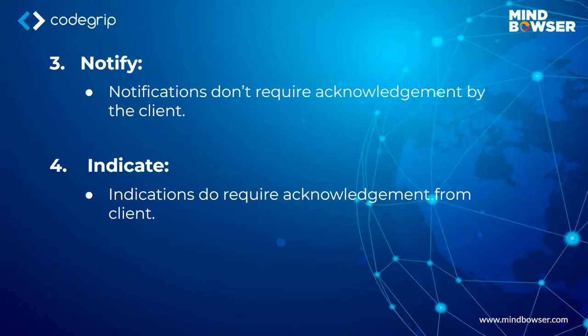But if we enable indicate, indications do require an acknowledgement from the client, meaning when we are getting data, we need to acknowledge that we are getting the changing data continuously. So these are the main concepts.